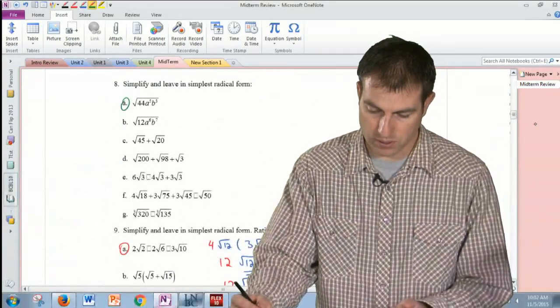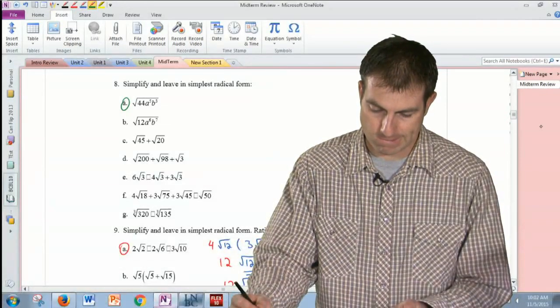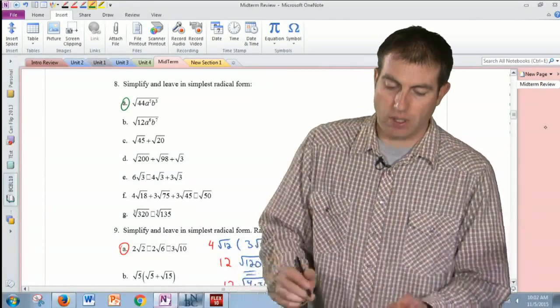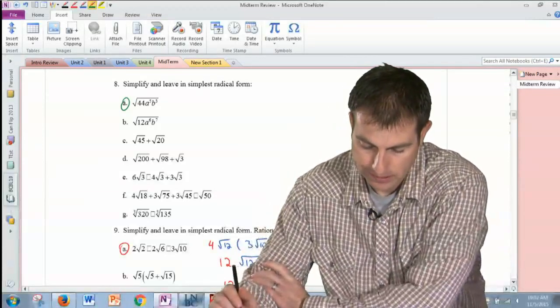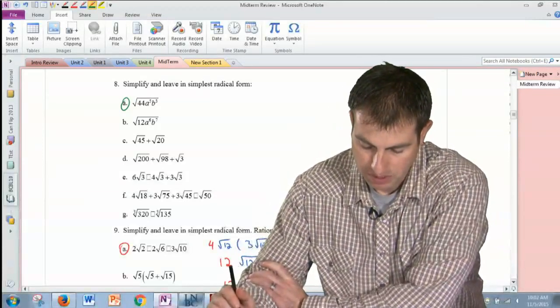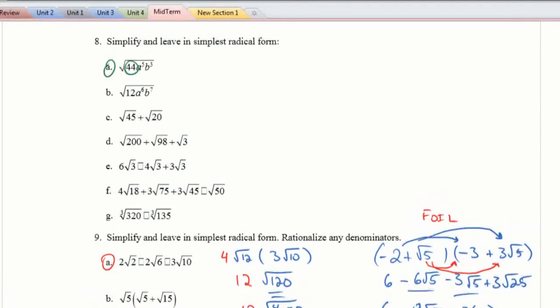So simplify and leave it in simplest radical form. Okay. So we have root 44 a to the 5 b cubed. We need to maybe look at this 44. So leaving in simplest radical form means, are there any perfect squares that go into 44?